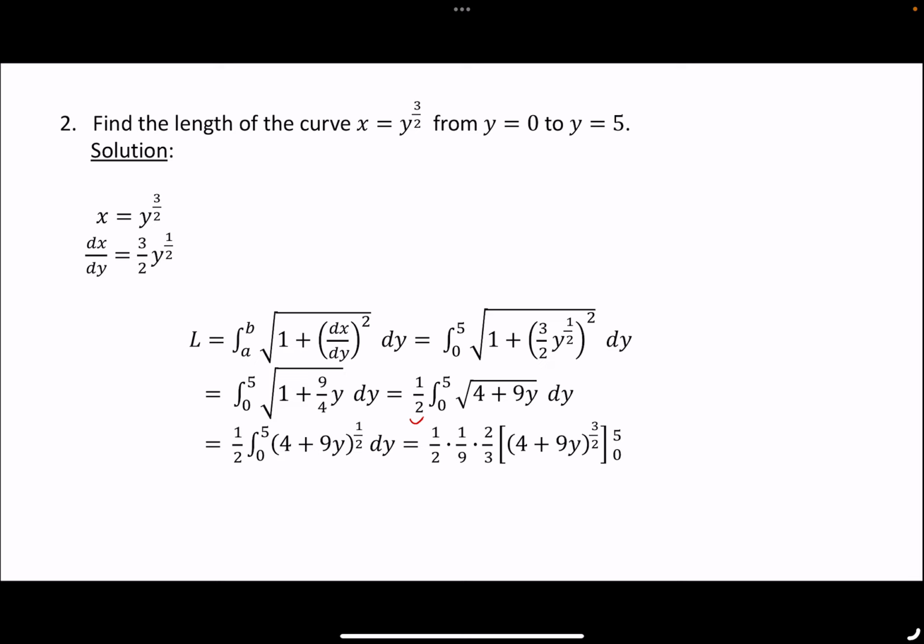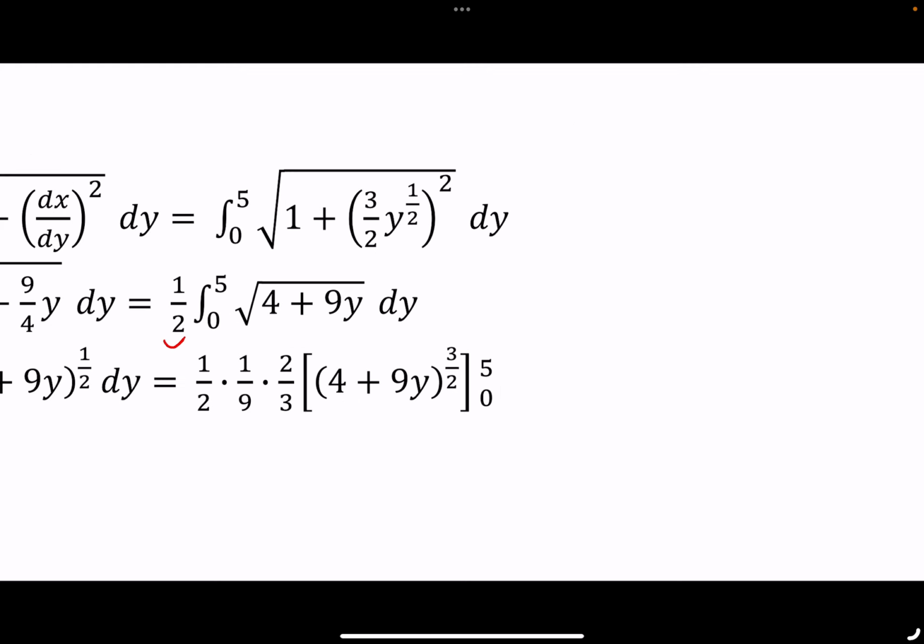We need a correction factor of 9. So this would be equal to 1 half the integral from 0 to 5 of 4 plus 9y. So we need 9 dy. So we have a neutralizing factor of 9 raised to 1 half.